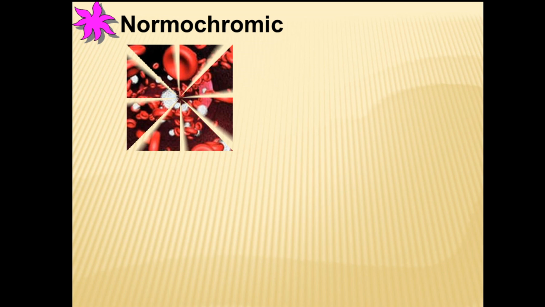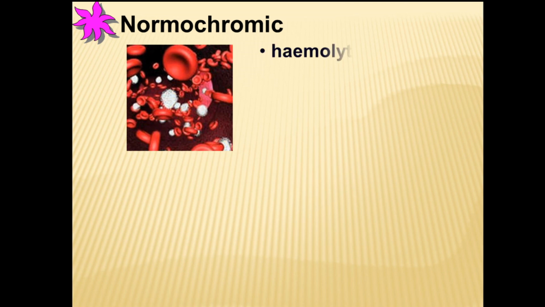Normochromic anemia. First of all, there are hemolytic anemias, because the process of saturation of erythrocytes with hemoglobin does not change. The process of hematopoiesis is also near the norm. It appears due to excessive destruction of red blood cells.